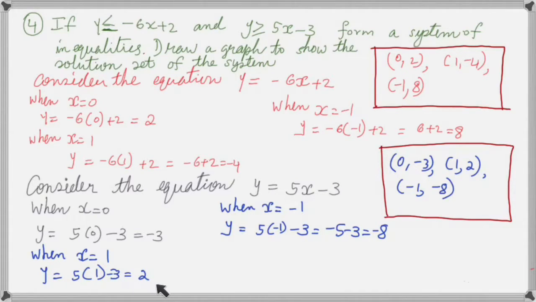So you'll get y equals 2. So that's the next coordinate. Similarly, find the value of y when x equals -1, and you will get -8. Okay, so now you got 3 more coordinates. So let's go ahead and plot these 2 lines on a graph.